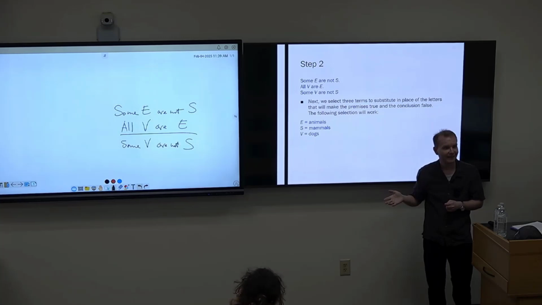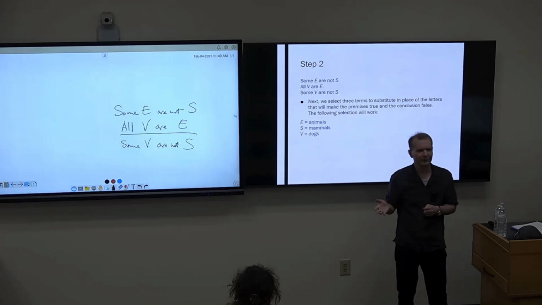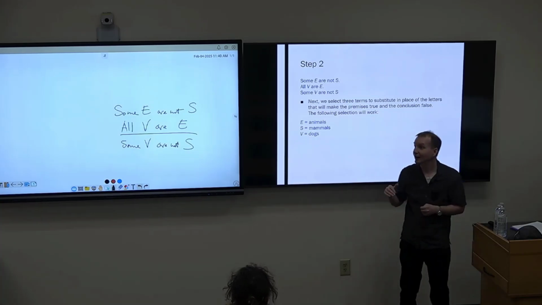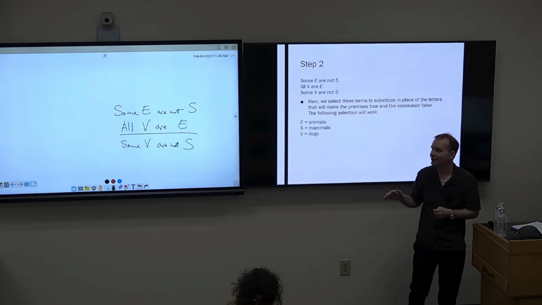We have to prove it invalid. How do we prove it invalid? Yeah, but what are we doing? Replacing the words so that we understand it in a better way.